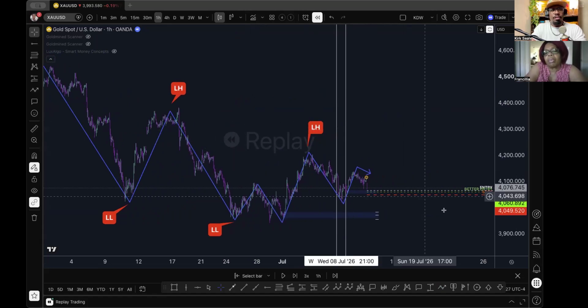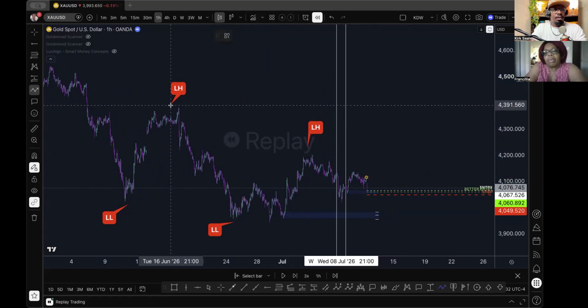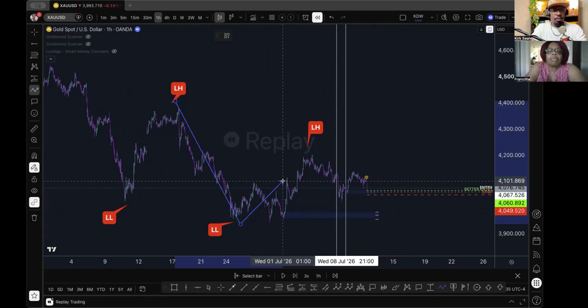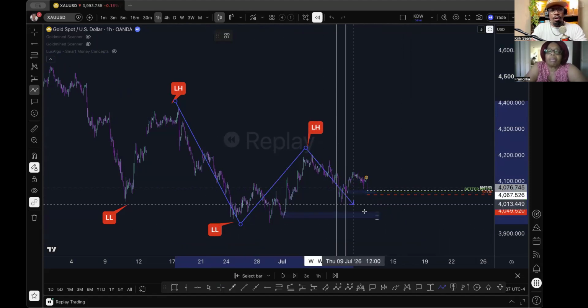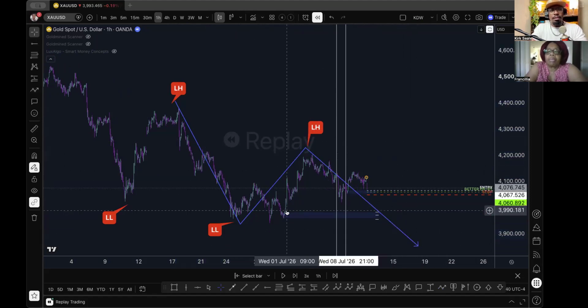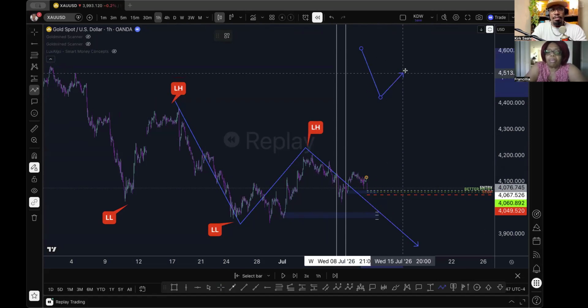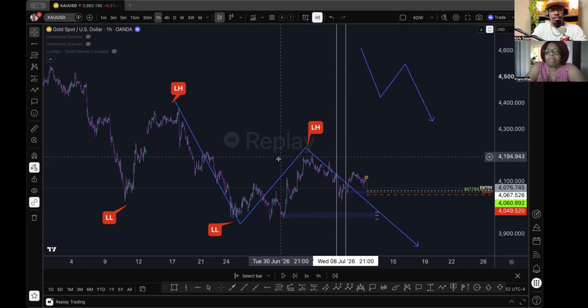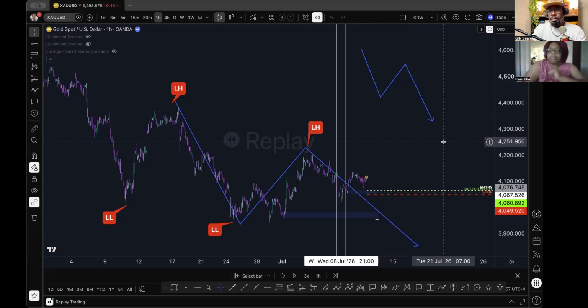So what this means is, if this is a lower high, and this is a lower low, and this is a lower high, what we're looking for is to see if somewhere down here we get another lower low, which would be the same pattern that I mentioned earlier. It's right here, same as this right here. We following so far? Step A, see if you're good.